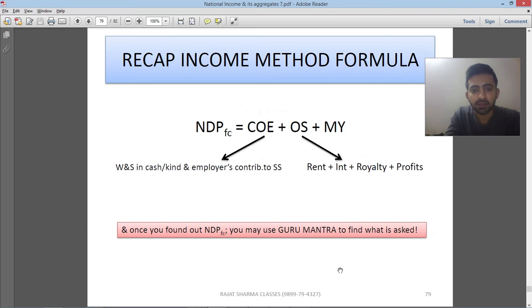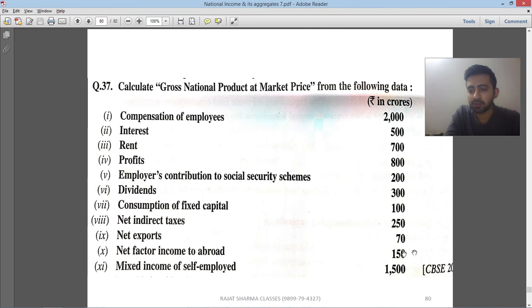Let's try to understand this with a question. You may pause the video and note down this question. Here we are asked to find out gross national product at market price. This question came in CBSE 2018 examination. Gross national product at market price, GNP at MP.